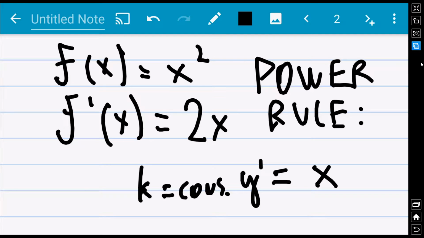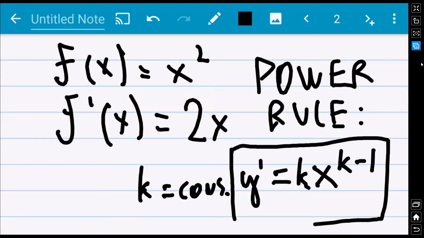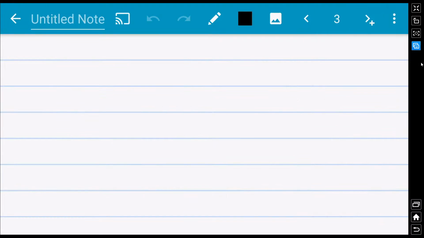So y prime equals k times x to the k minus 1. So what does this mean? Well, let's try another example.